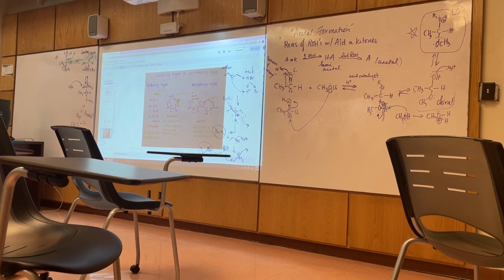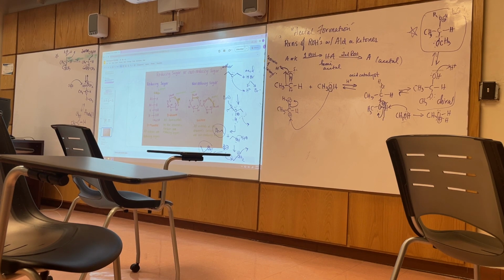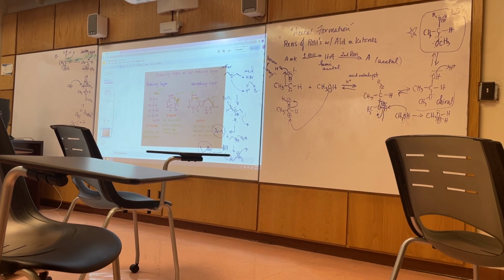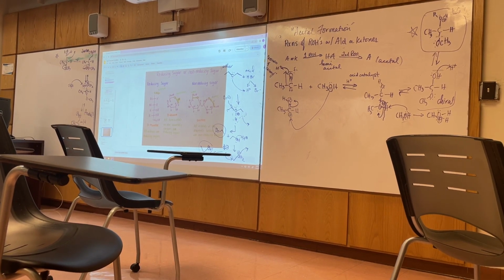This is a spinning thing, like a propeller. So sometimes when you close the ring, the OH ends up up. Sometimes the OH ends up pointing down and this H points up. So just the rotation. About 65% of the time it's beta and 35% it's alpha.